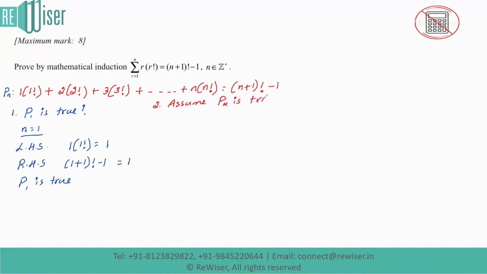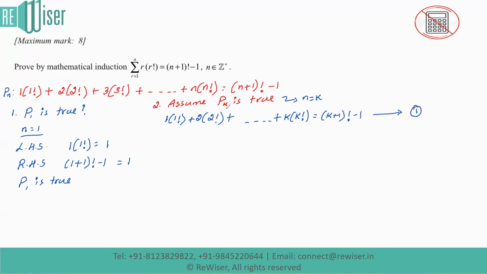So when I say P of k is true, the equation would look something like this: 1 times 1 factorial plus 2 times 2 factorial, and so on up till k times k factorial, is equal to (k plus 1) factorial minus 1. So basically, when we replace n with k, we are considering that to be true, where k is also a positive integer. So let us call this equation 1.